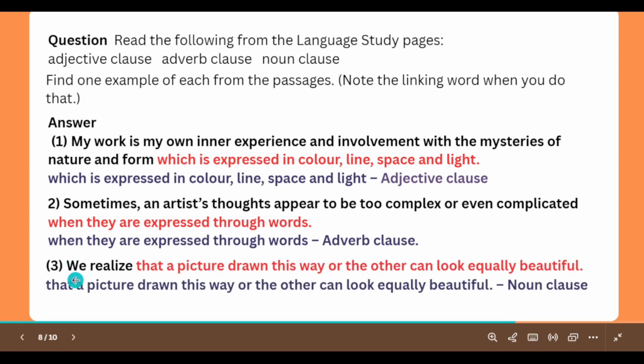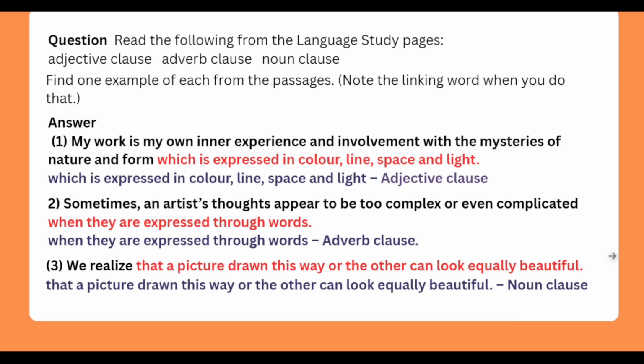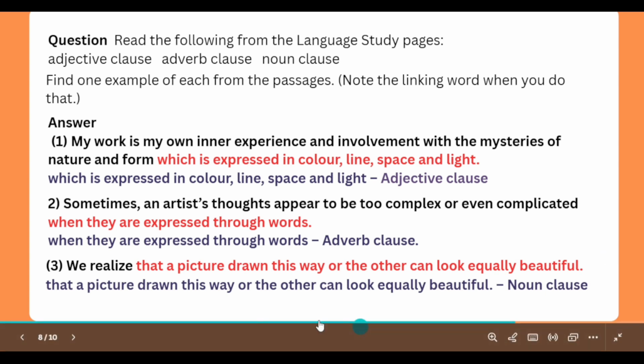Third sentence, we realize that a picture drawn this way or the other can look equally beautiful. That a picture drawn this way or the other can look equally beautiful is a noun clause. Subordinate noun clause always begins with a subordinating conjunction. So here the linking word is that.